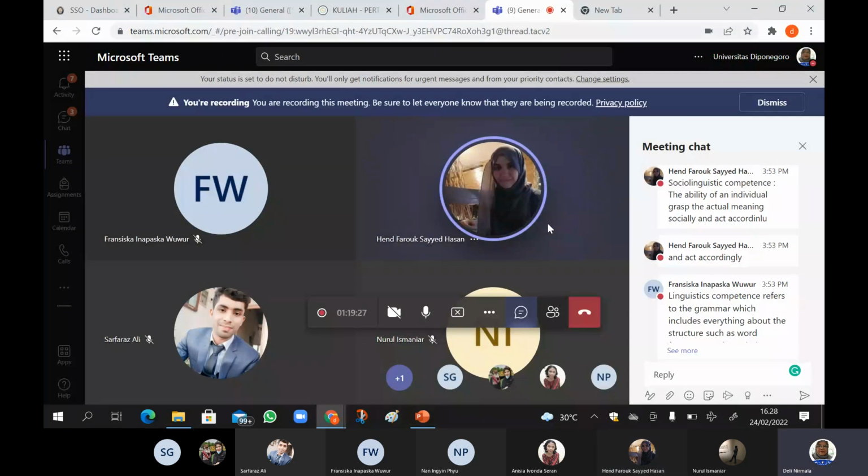How to use the language, how to use the utterances appropriately. And I think there are some standards, some criteria for being appropriate. Appropriateness in terms of to whom the language is spoken, or with whom they are speaking, in what situation they are speaking. Is it formal or casual?